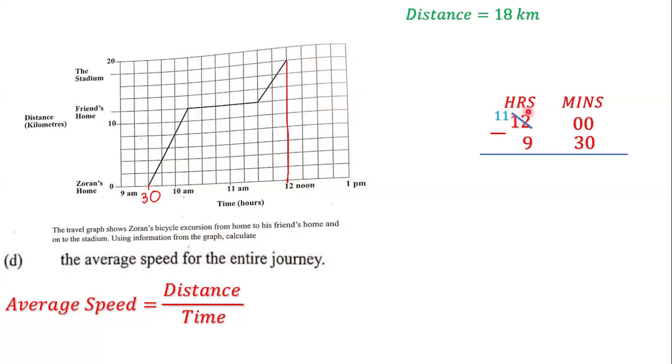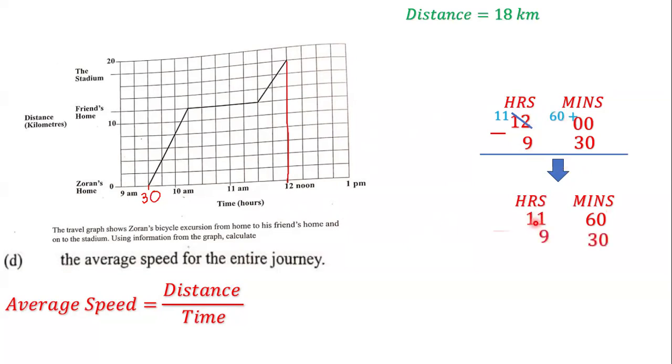Now remember, when we bring it over to the minute side, it becomes 60 minutes, because 1 hour is equal to 60 minutes. So here we have 60 minutes, and on the hours we have 11 hours.